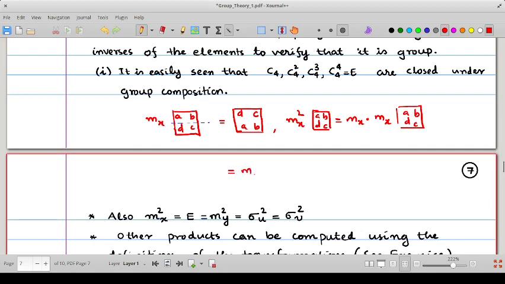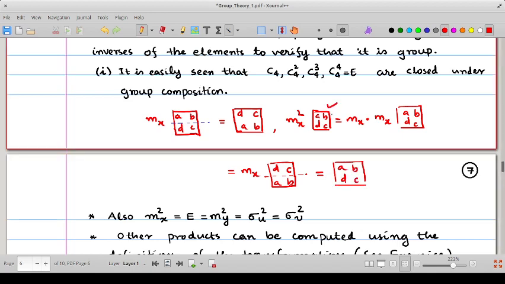That is equal to mx acting on what ABCD gives under mx, which is DCAB. Again, it is reflection about this plane which interchanges A and D and B and C. So AB goes back and we get ABCD, which is the same as this. So mx square does nothing to the square. So it is the identity transformation.